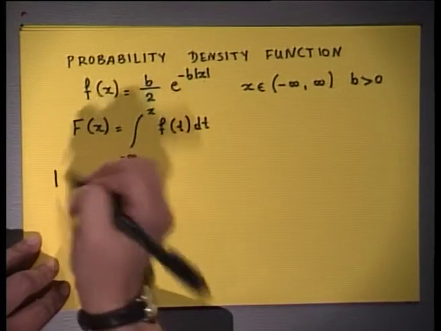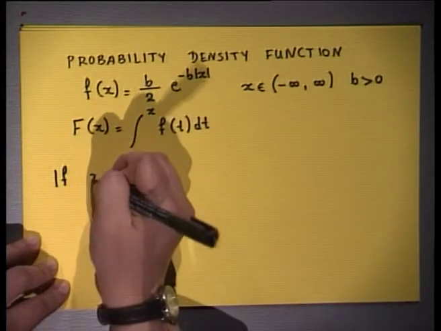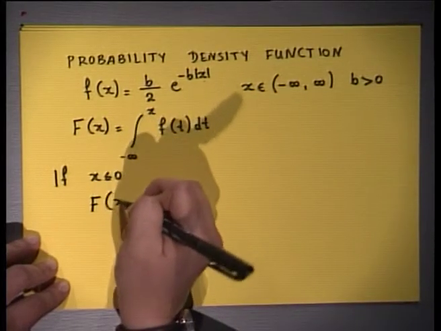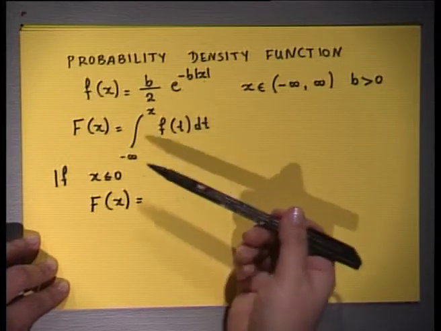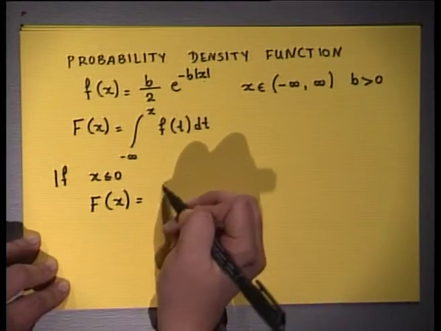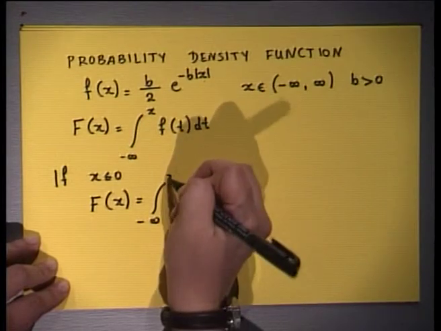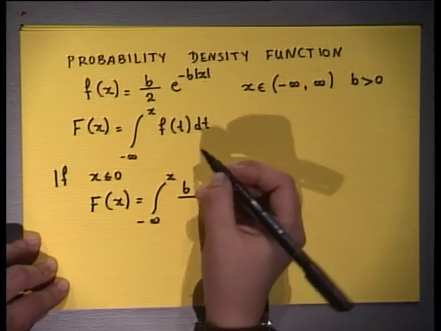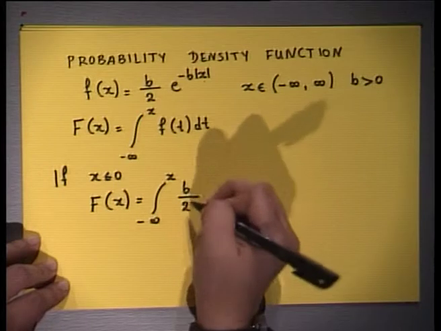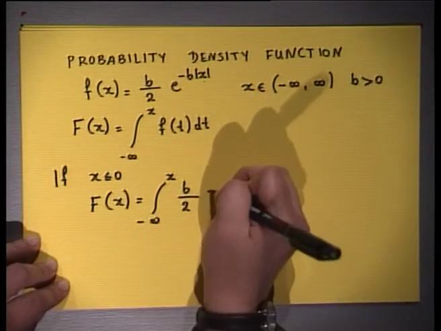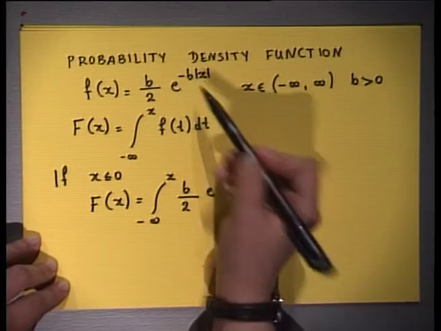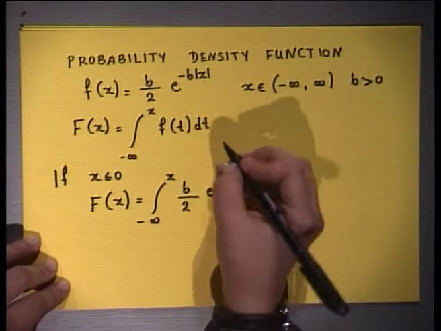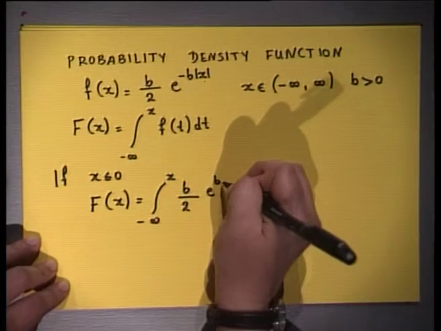So if x is less than 0, the cumulative distribution function, this will go from minus infinity up to a negative value, will be, f of t can be replaced by b over 2 e to the minus b times minus t, which is b times t.